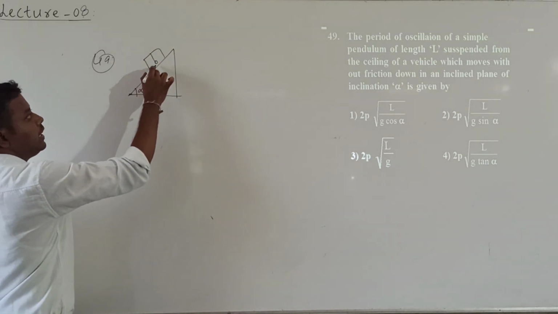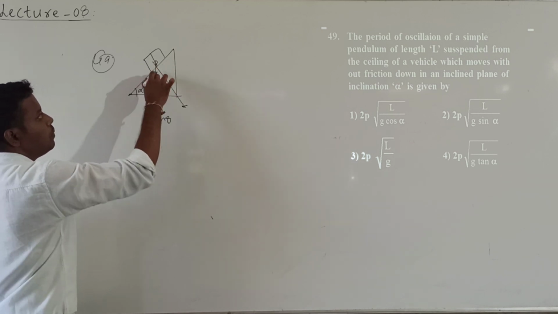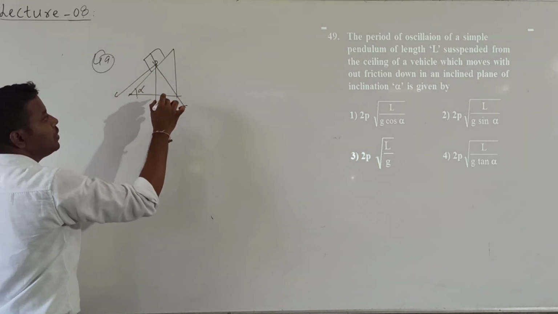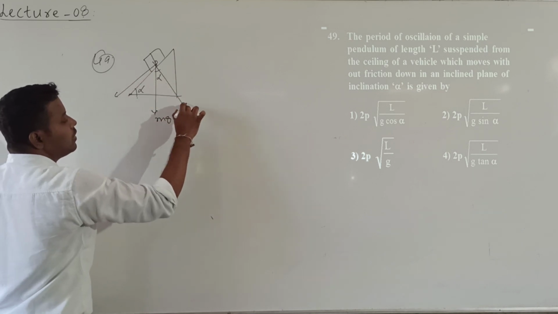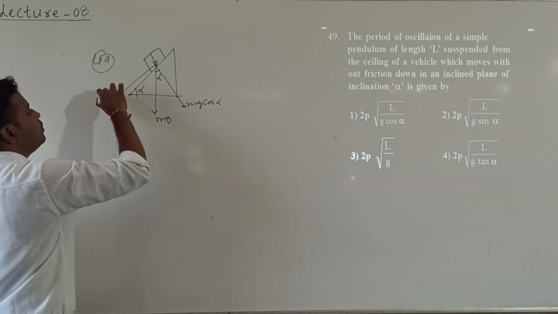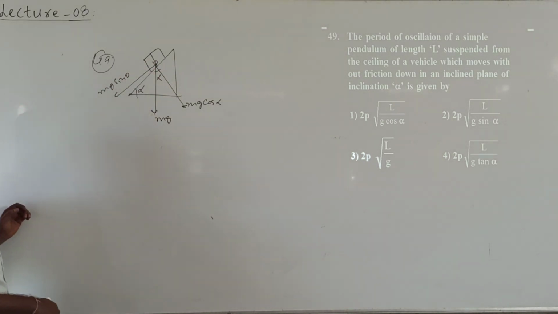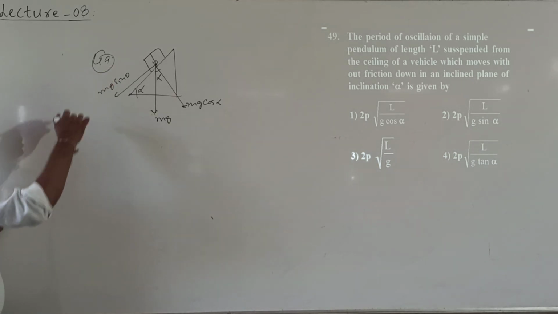Now what happens? Its weight is given by mg. Mg is resolved into components. This angle is alpha. This value is mg cos alpha, and this value is mg sin alpha. Because of this force, what happens? The vehicle will act like a non-inertial frame.